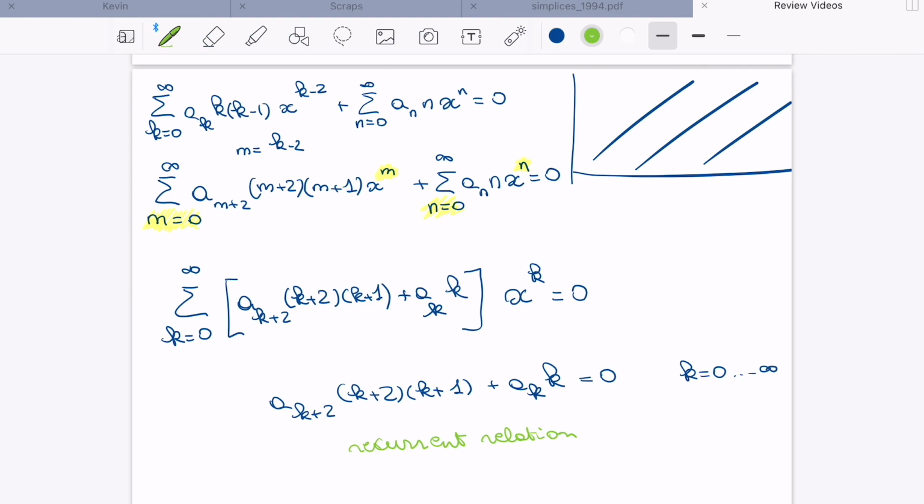If we had something that is a power series itself on the right-hand side, the sum for k equal to 0 to infinity of c_k x^k, that would be our non-homogeneous term.